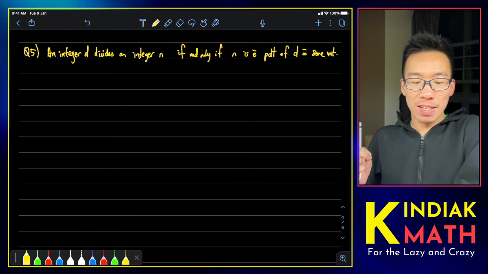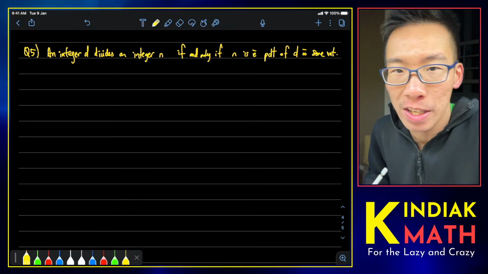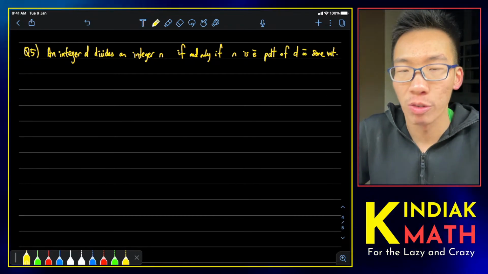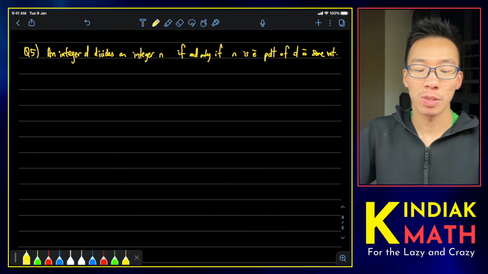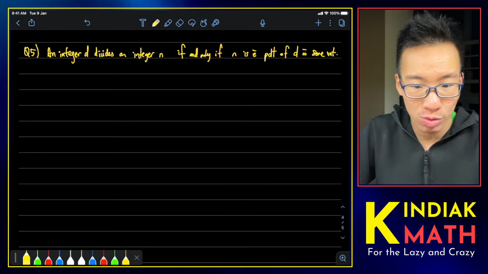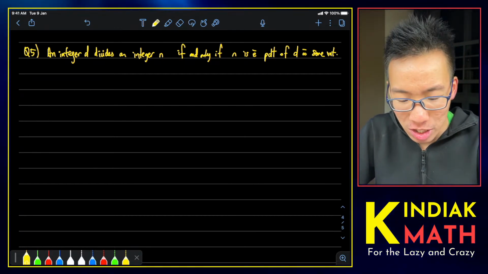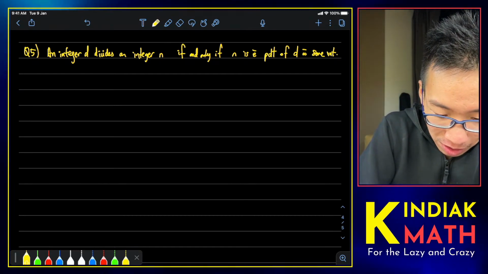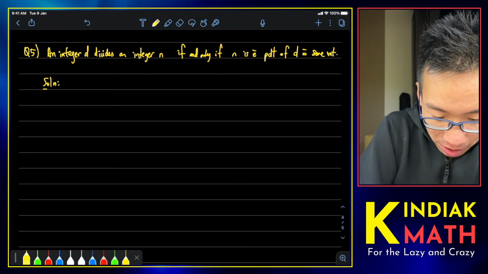Now what that tells us is that this is going to be a description for any n and for any d. So we will say that d divides n, and this may or may not be true for the integers, but in principle it could work with anything. So we're going to write it this way.